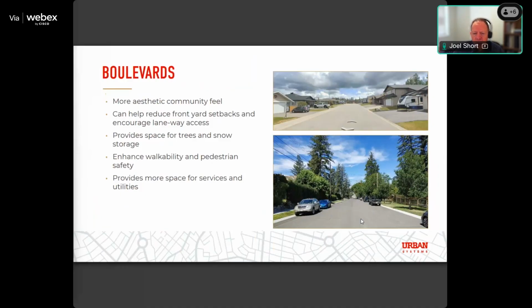It does create some area for snow storage as well. It can help reduce the front yard setbacks by having the laneway access. Oftentimes you have boulevards associated with lanes because you've got this boulevard area that you don't have to worry about cars driving back and forth to access their parking. They can park in the back, making access by the lane.